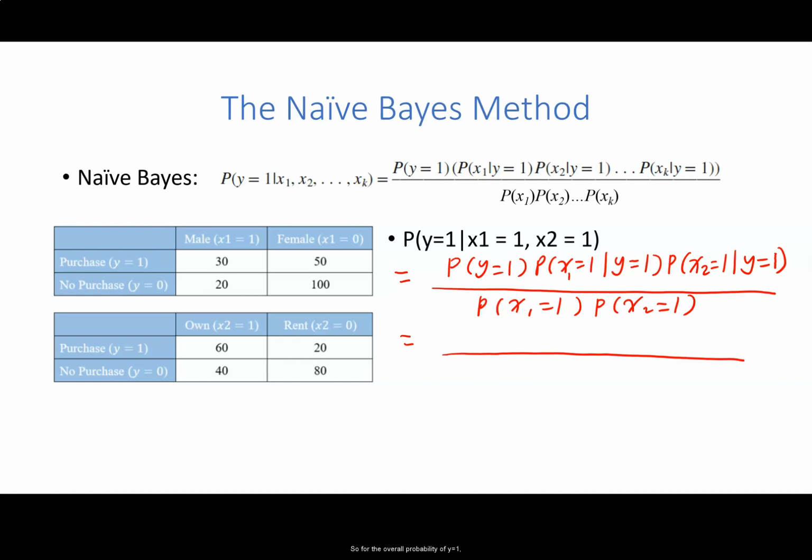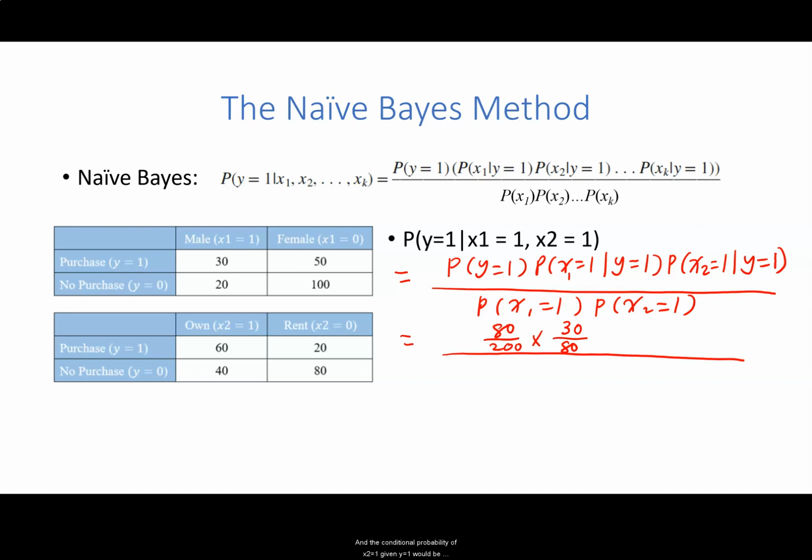So for the overall probability of y equal to 1, that would be 80 over 200 because there are 80 purchasers out of the total 200 customers. And the conditional probability of x1 equal to 1 given y equal to 1 would be 30 over 80 because there are 30 male customers among the 80 purchasers.